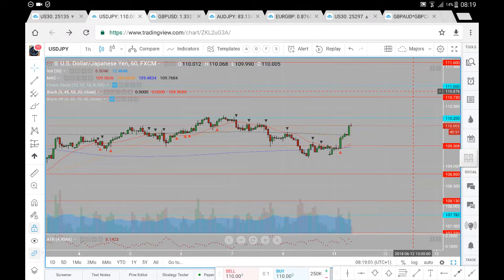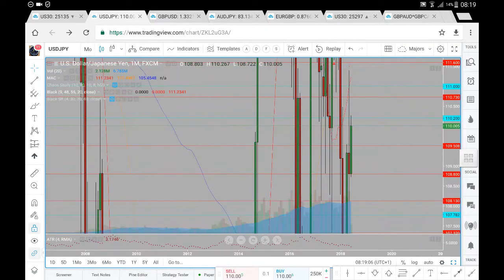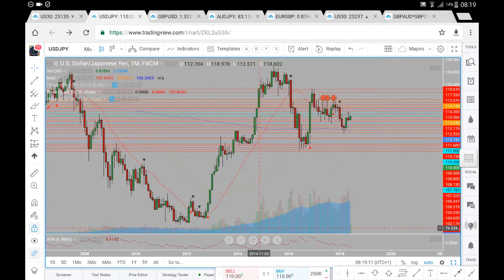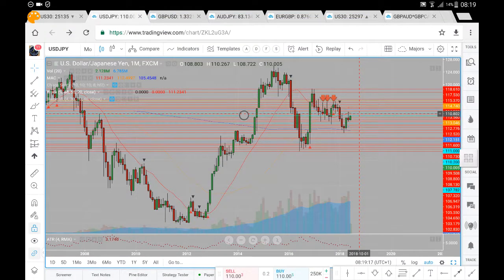So what we'll do now is have a brief look here at the higher time frames. From this higher time frame perspective, we have our lows, we have our highs, consolidation through here, sharp sell-off, breaking the consolidation down beyond even the 200 period moving average on the monthly chart.